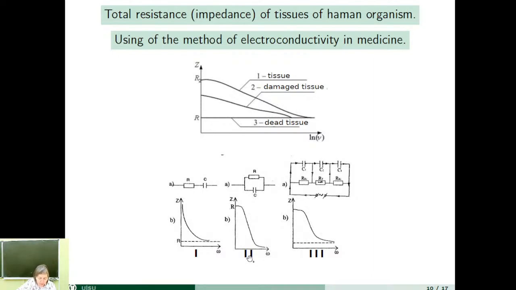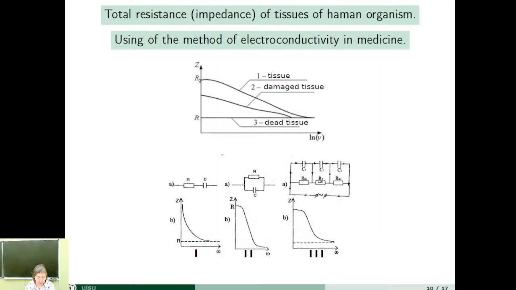But these element circuits cannot be completely applicable for living cells. It follows from the graph of dependence of Z on omega for the first circuit. If omega tends to 0, the resistance tends to infinity, which contradicts experience.